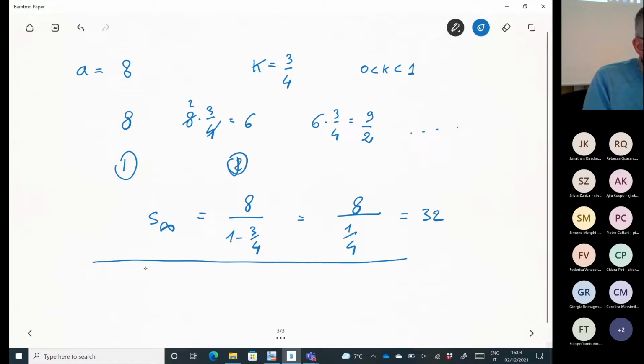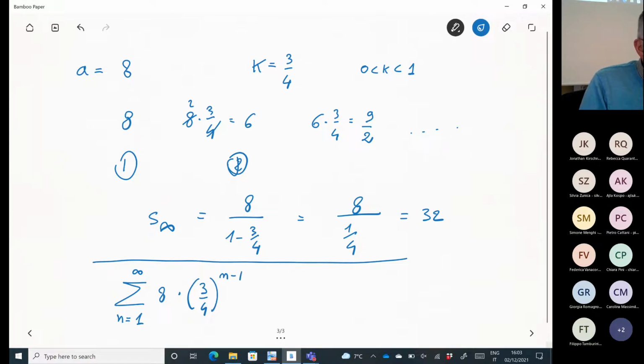These kind of sums are denoted like this. Sum as n ranges between 1 and infinity of first term 8 times common ratio to the power of n minus 1.